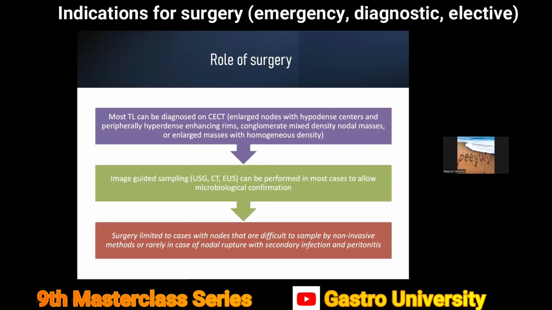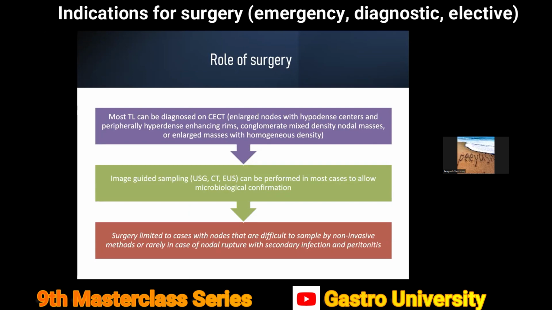So where comes the role of surgery? Most of these lymph nodes can be diagnosed on CECT on the basis of characteristic CT findings and may be targeted on image guided sampling by the use of ultrasound guidance, CT guidance, or nowadays EUS guidance. But there are certain cases which may not be targeted or the sample is inadequate and there is a high suspicion of tuberculosis, which may need a surgery for lymph node sampling.